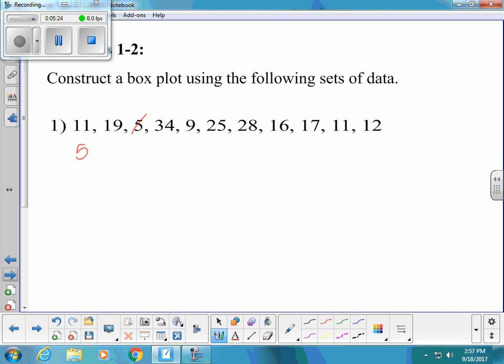Then we have 9. 2 11s. 12. 16. 17. 19. 25. 28. And 34.